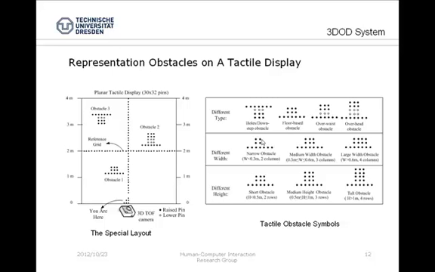If within 2 meters, it's dangerous for the users. On the right side, we designed the obstacle symbols. They depend on the different types and the different widths and heights. So based on these symbols, users can create some new symbols based on the 3 basic kinds.